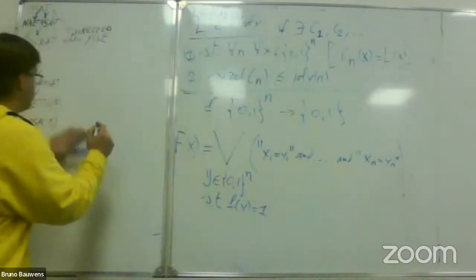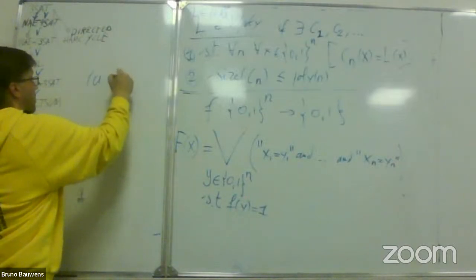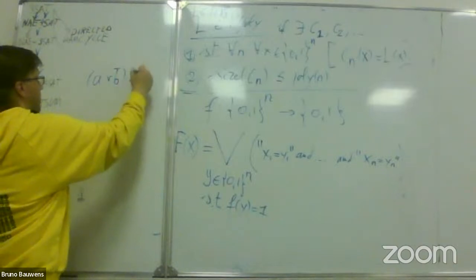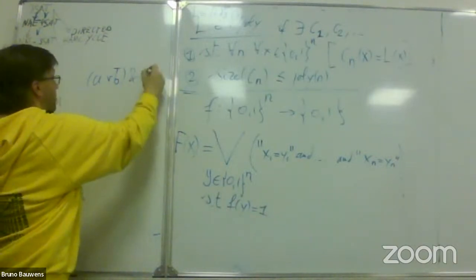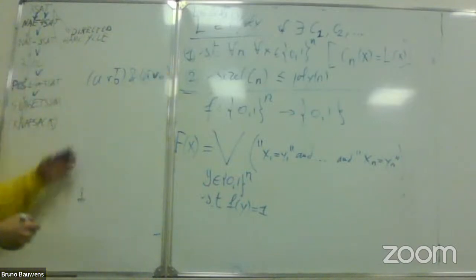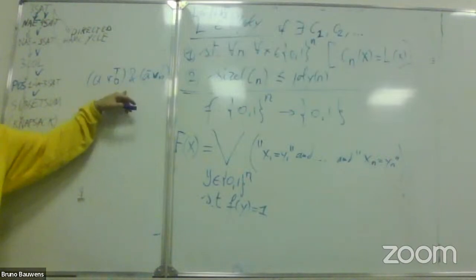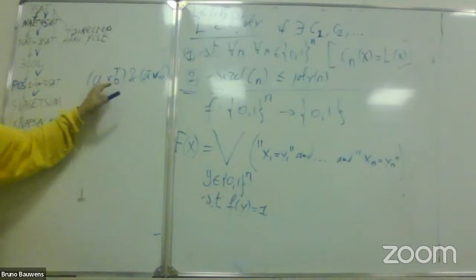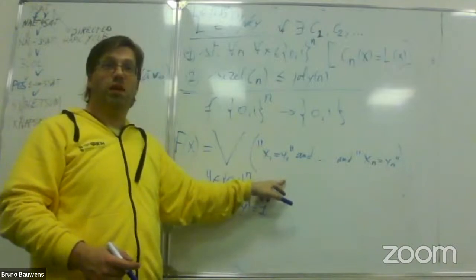We use A or not B, and not A or B. This formula is true if and only if the bits A and B are equal. So all these little claims here, we can also write as a Boolean formula.